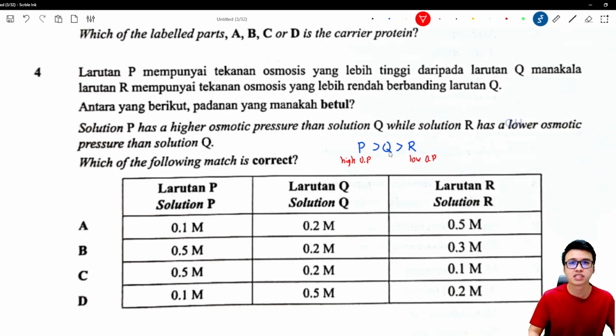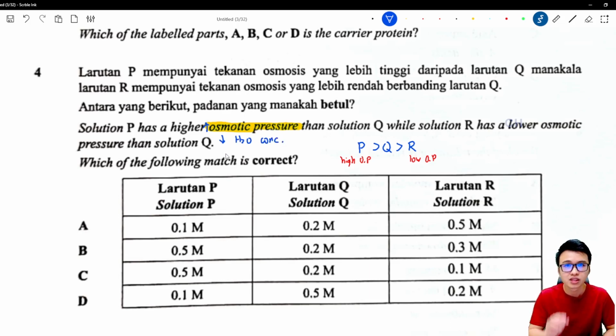Now, before we answer this question, we need to know the meaning of osmotic pressure. Osmotic pressure is the pressure that is able to be applied inside a solution, which will push against the plasma membrane. So to make things simple, the answer should be like this. When you have a high osmotic pressure, it means that you have a low water concentration.